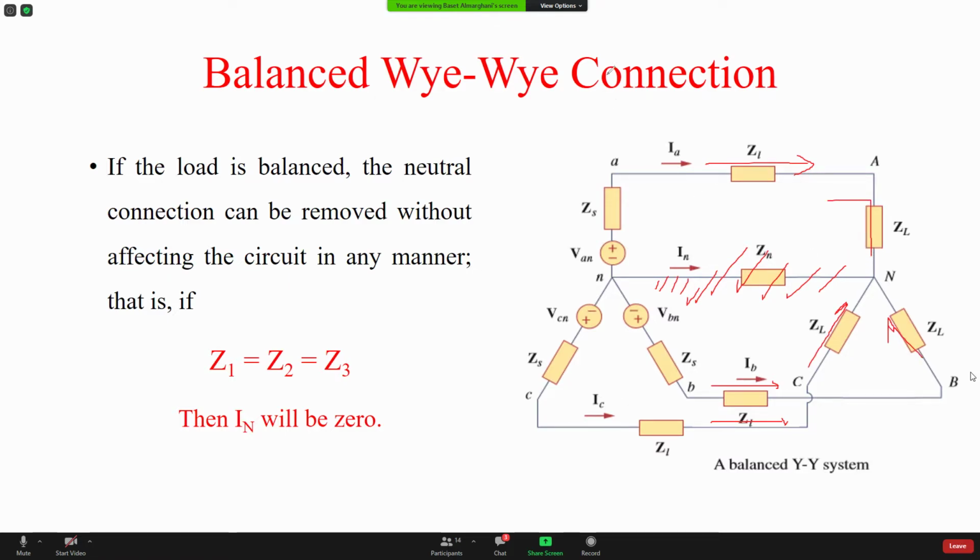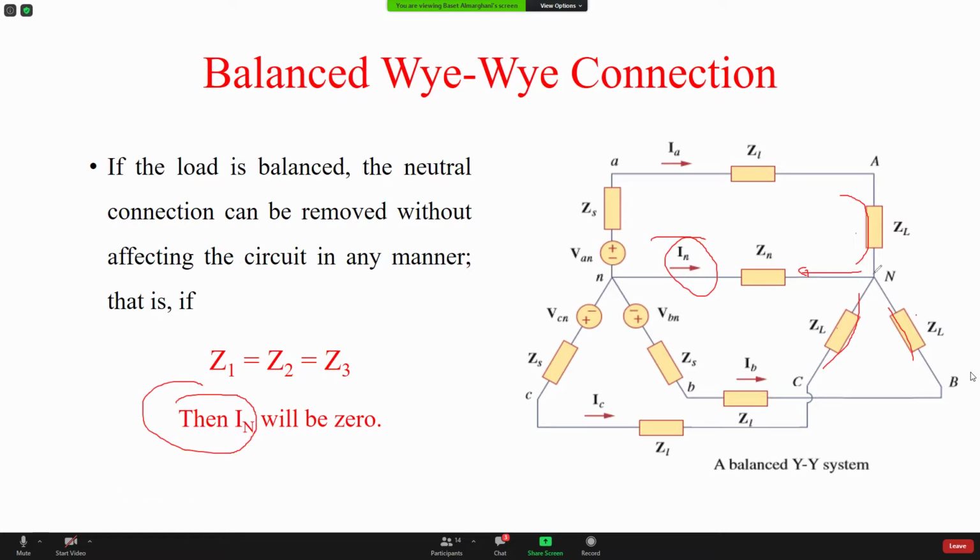And once they come in, they will leave as IN going back. But the sum of the 3 currents will be 0, so IN will be 0. In a balanced system, IN is 0.